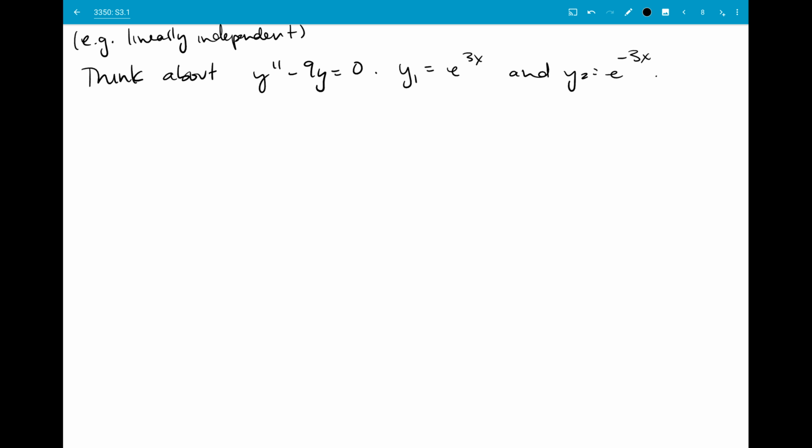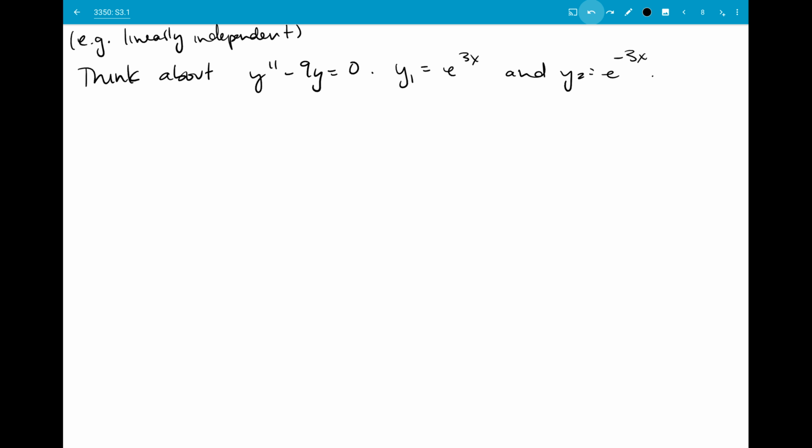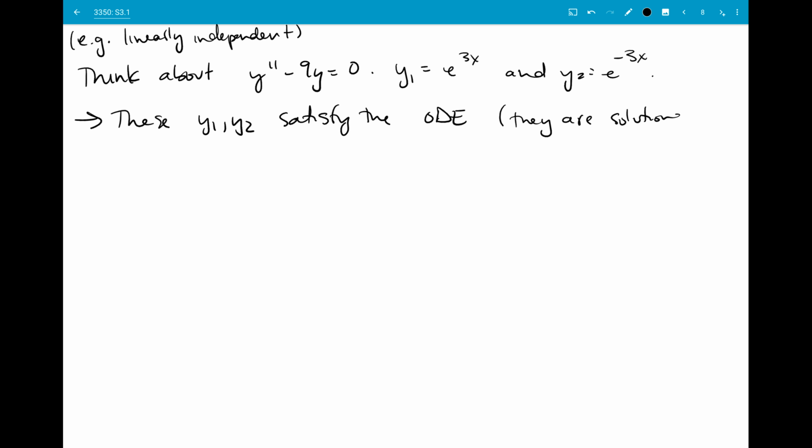But right now we could just check that they are solutions. So they do satisfy the ODE. That means they are solutions. And you can do that real easy.